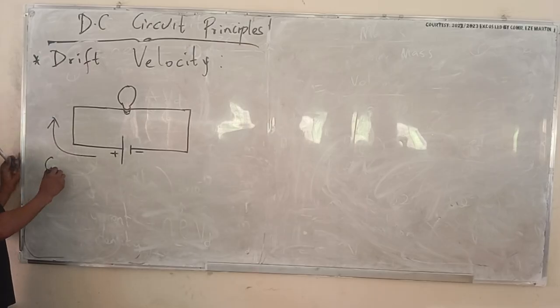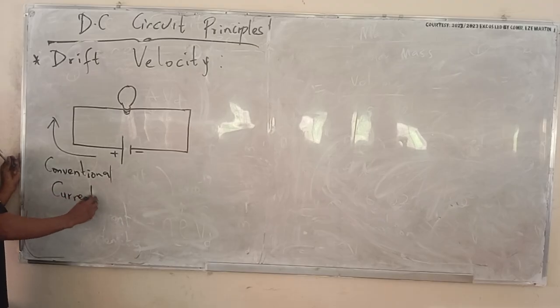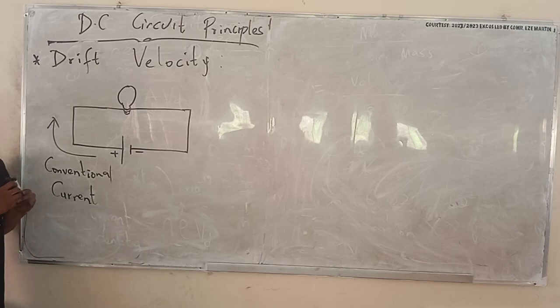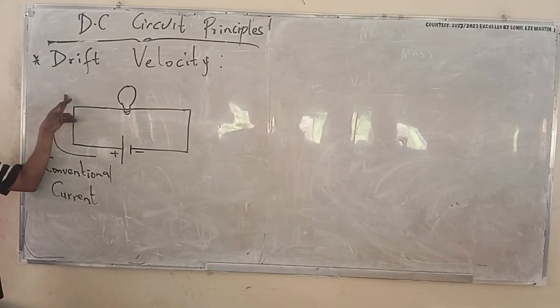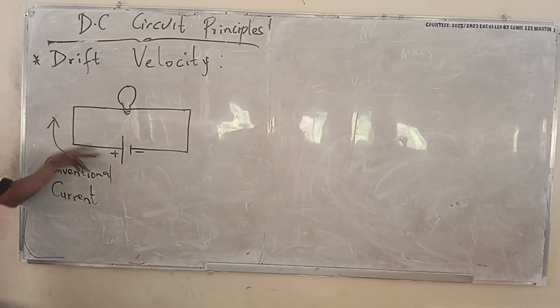This is conventional current. Conventional in the sense that in physics we generally believe that since proton and electron have the same charge, 1.6 times 10 raised to the power minus 19, even if it's going this way that we are used to, starting from the origin and terminating here, then no problem.